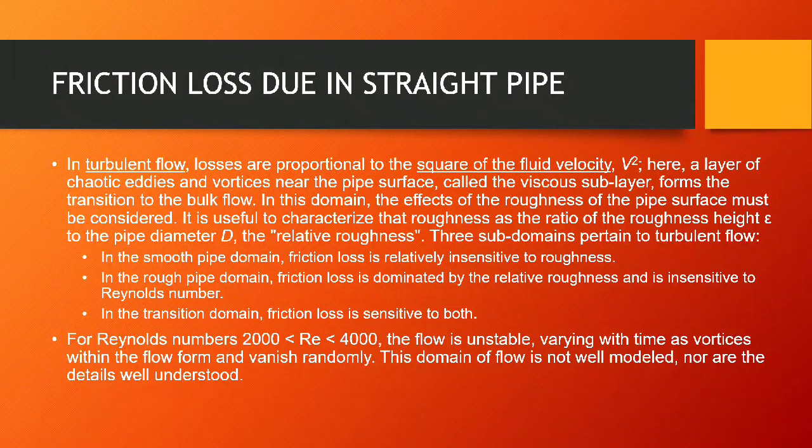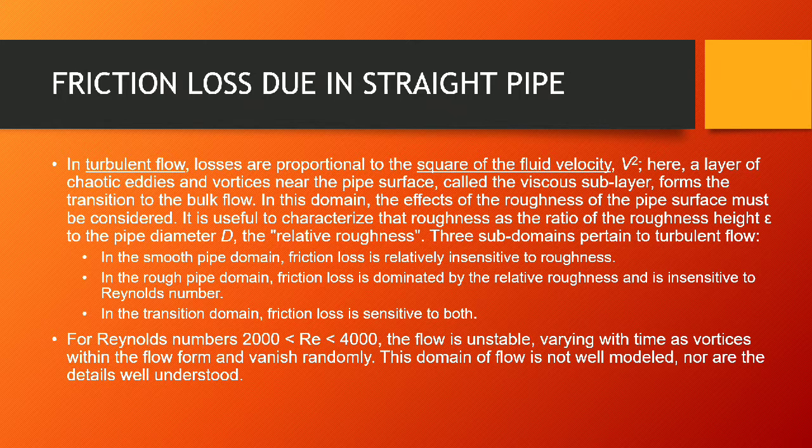Three subdomains pertain to turbulent flow. In the smooth pipe domain, friction loss is relatively insensitive to roughness. Second, in the rough pipe domain, friction loss is dominated by the relative roughness and is insensitive to Reynolds number. In the transition domain, friction loss is sensitive to both.